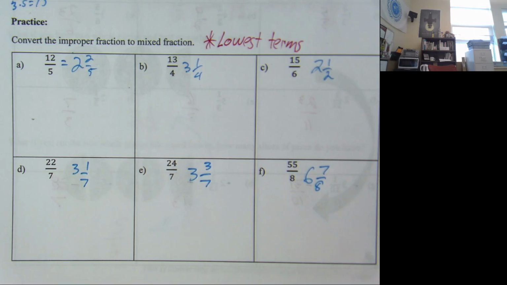So that 2 there is what's going to become the whole number. And then 12 minus 10 is also 2. So whatever you multiply 5 by to get 10 is what the whole number is. Really 2, because 2 times 5 is 10. And this is 2 because 12 minus 10 is 2. Try that.